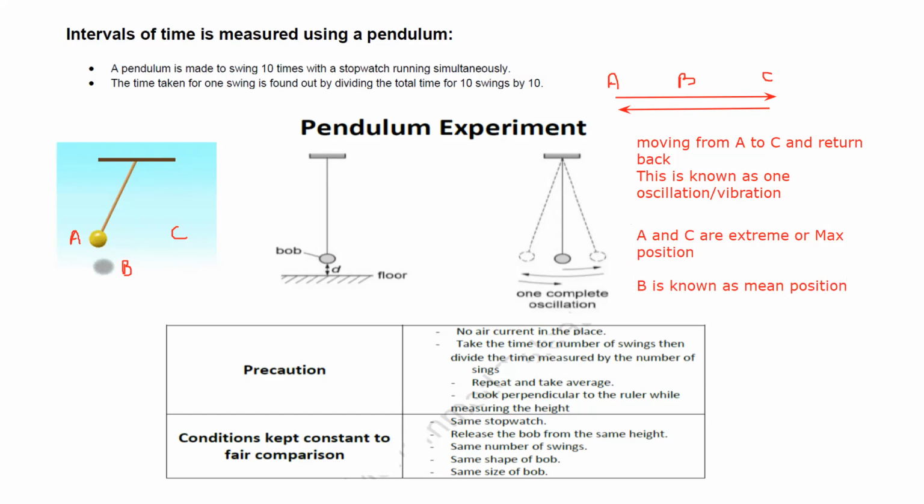Why are A and C called extreme positions? Because that is the maximum distance which this pendulum can move.